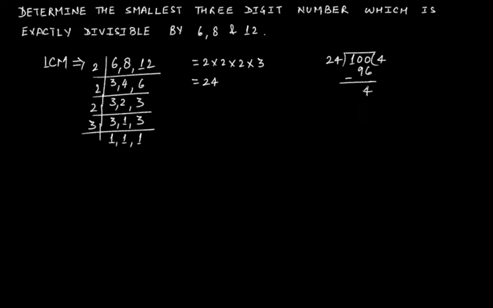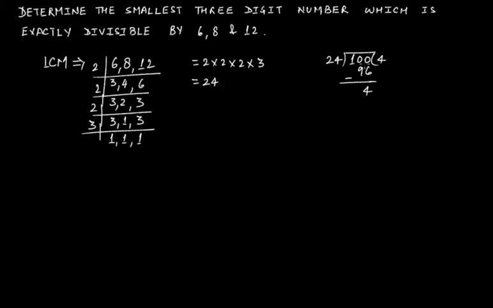Now if you go one more time, that is if you do 24 times 5, that number will exceed 100, and that will give you the smallest three-digit number that will be divisible by 24. I'm repeating again, why did I divide 100?